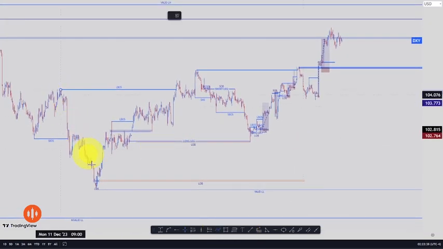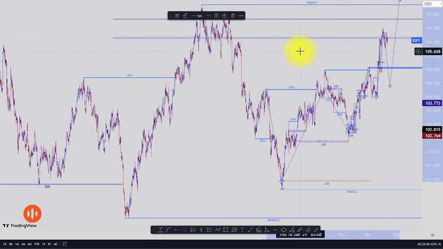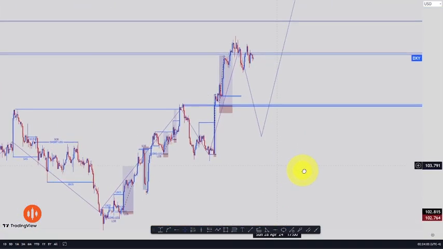This is the last high, then we have this low, then this is a high. This is a break here, then we have this high here. So we expect it will drop up to this point or this point, then we will go up.